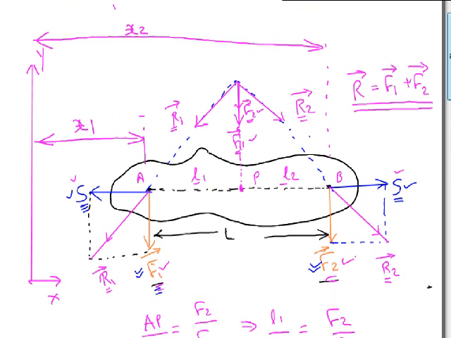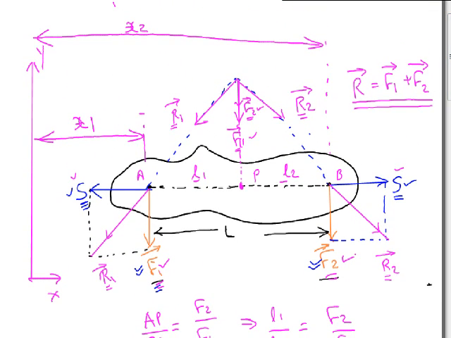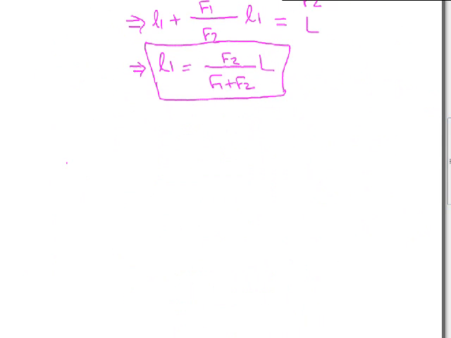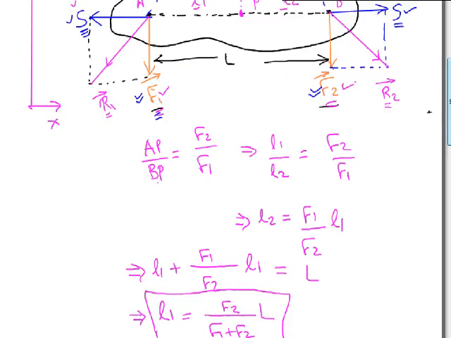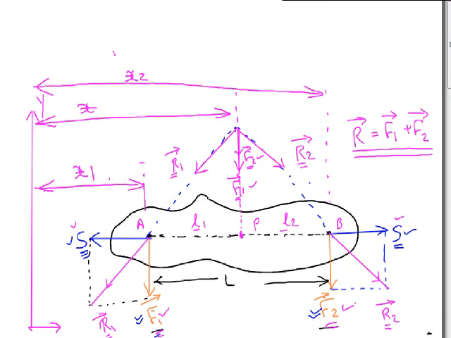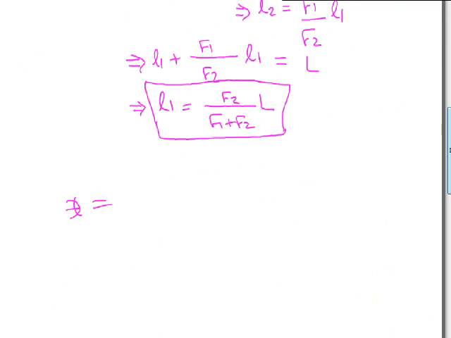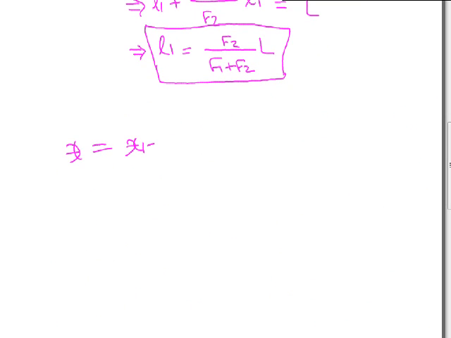We can see that the location of the resultant as given by this coordinate x is, we can write x as x1 plus L1. And we know this is x1 plus F2 by F1 plus F2 into L.